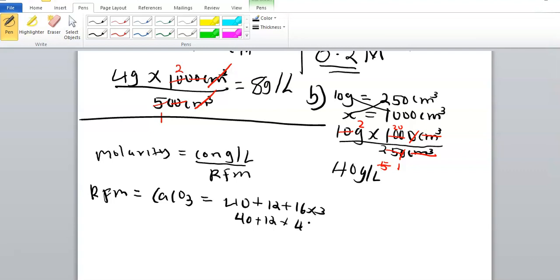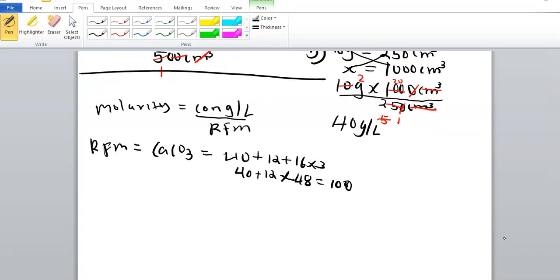So when you add all of them, you'll get 100. So that is 100. Therefore, molarity is equal to concentration in gram per liter, which is 40 gram per liter.